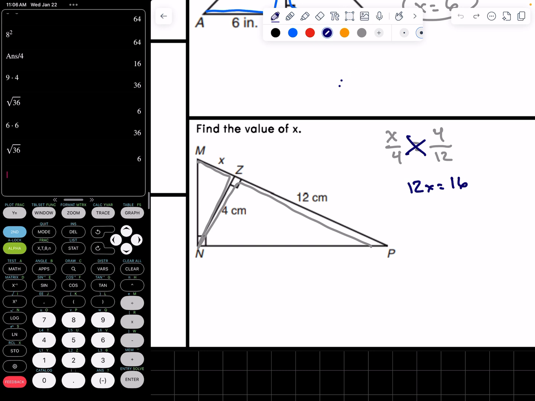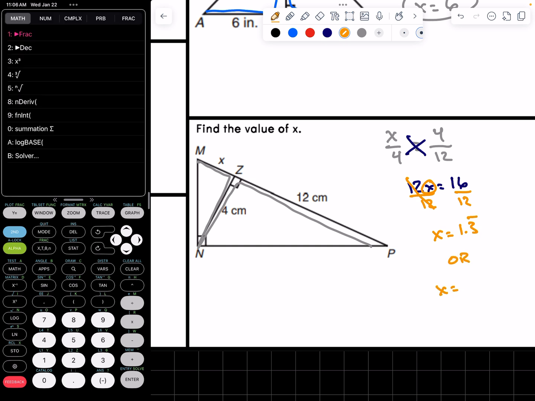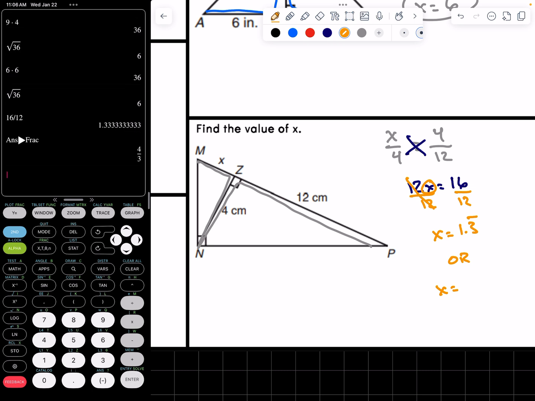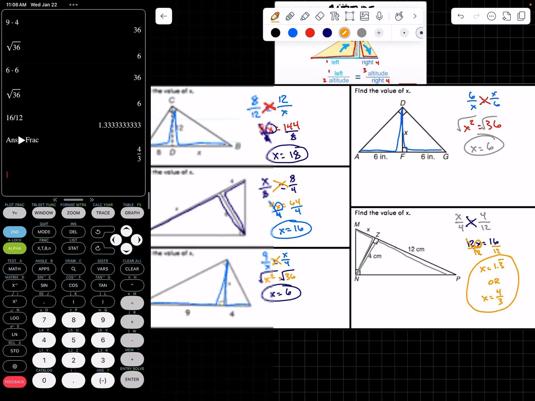Then I'm going to divide both sides by 12 to get x by itself. x equals 16 divided by 12. That's 1.3 repeating, or I can hit math, enter, math frac, to put that answer in a fraction. We get 4 over 3. Either of those would be acceptable.